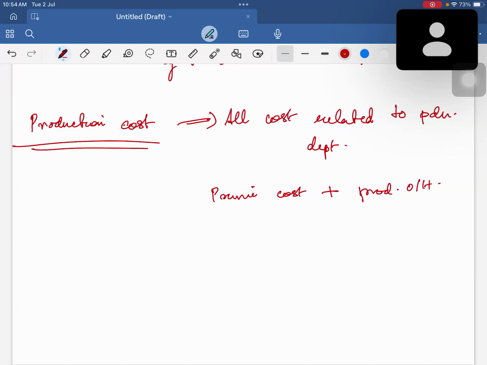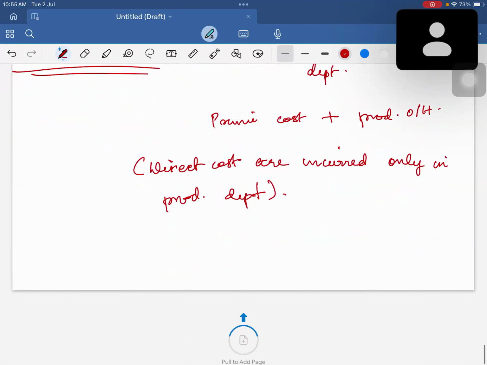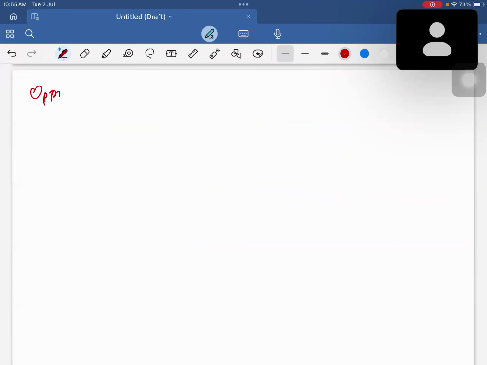Direct cost that you have studied before is incurred only in the production department. Clear now?